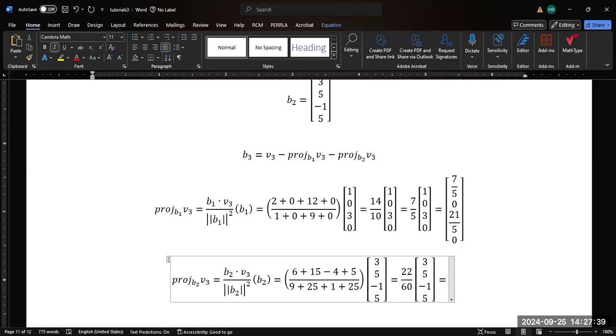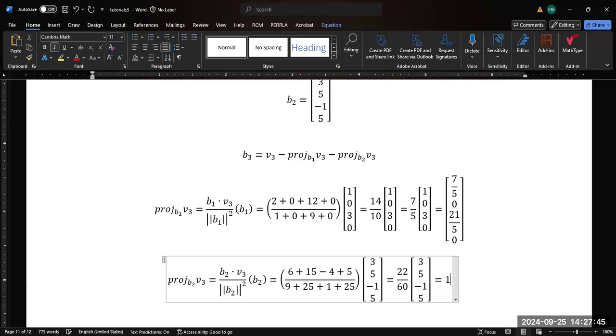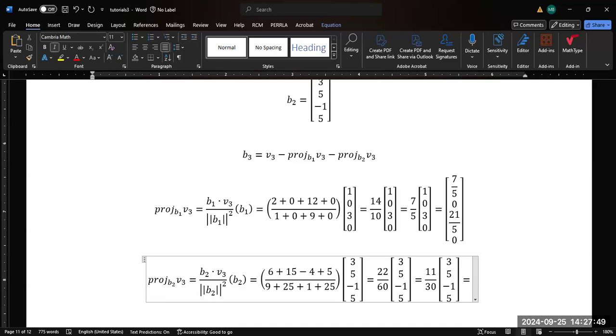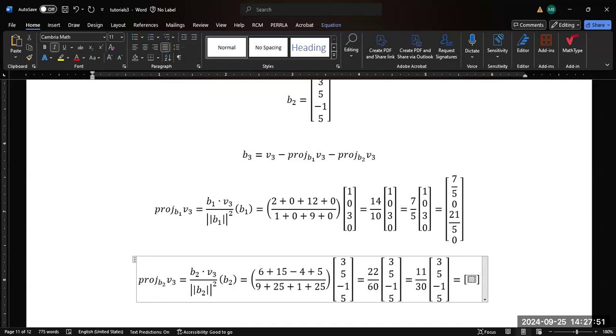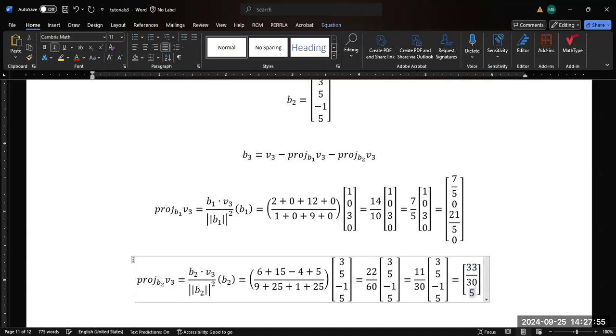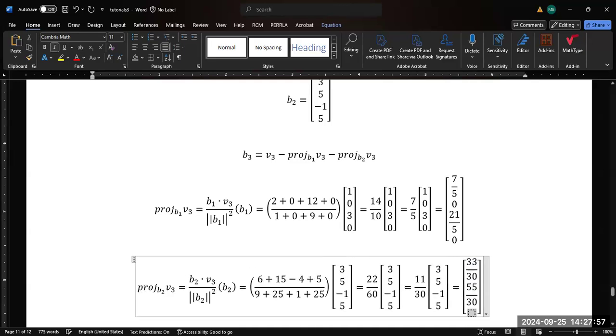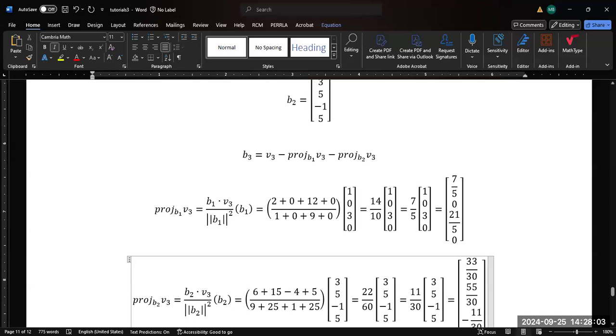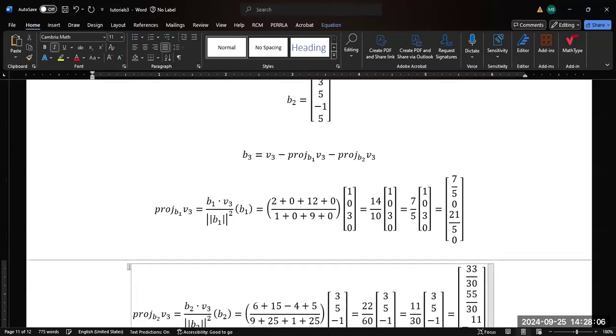And so we can reduce that, not by very much, to 11 over 30. And if we multiply, we're going to get 33 over 30 and 55 over 30 and negative 11 over 30 and 55 over 30.